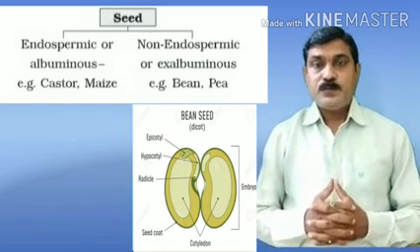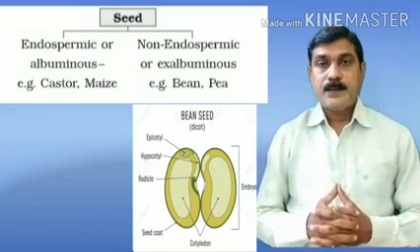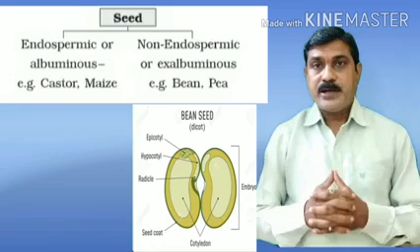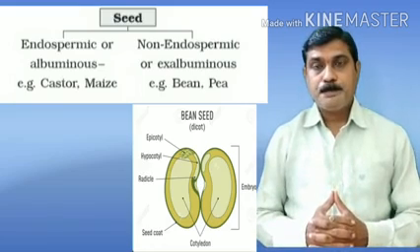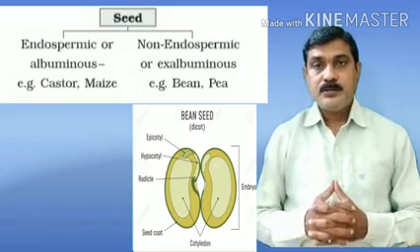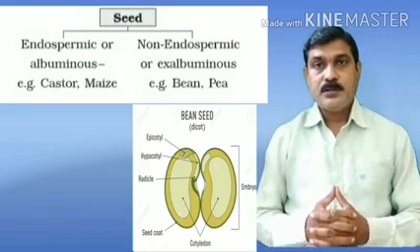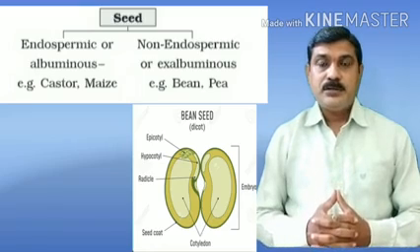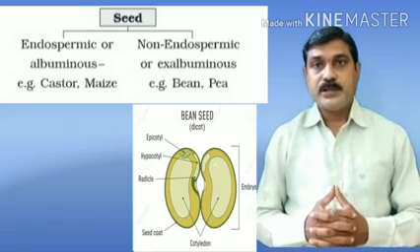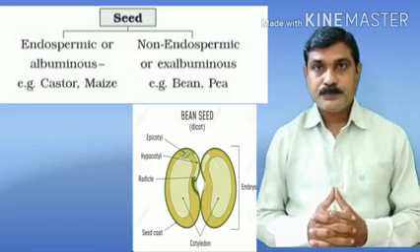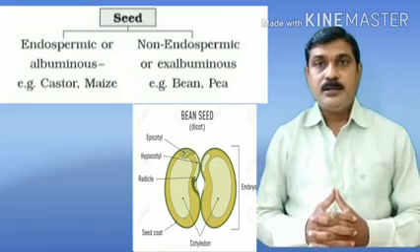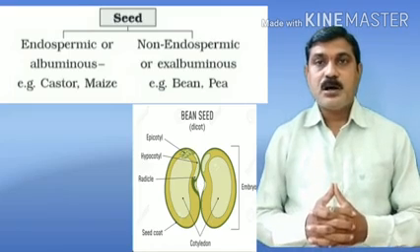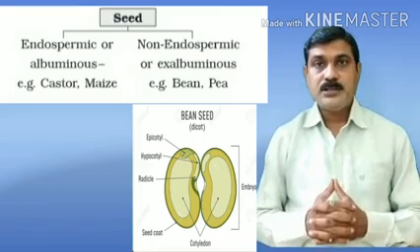In non-endospermic seeds, cotyledon acts as storage of food material. In some non-endospermic seeds, cotyledon is the first photosynthetic organ. In some plants, the micropyle also persists after fertilization on the seed coat.